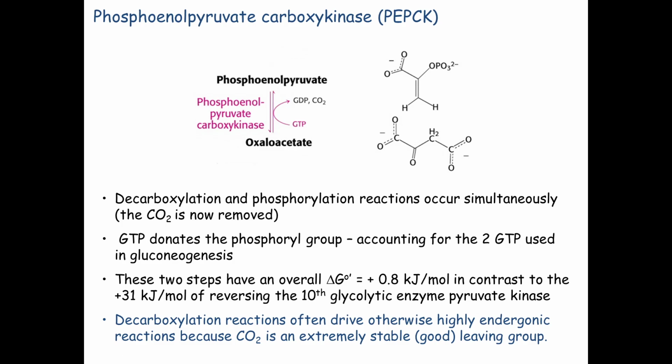That can happen. I can get over that plus 0.8 just by Le Chatelier's principle. These are small, near zero numbers. But plus 31, I'm never going to go backwards. Okay, so I'm using the decarboxylation here to drive what would be otherwise a very unfavorable reaction, right? Because CO2 is an excellent leaving group, especially when it's beta keto.